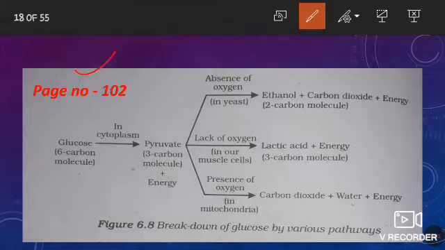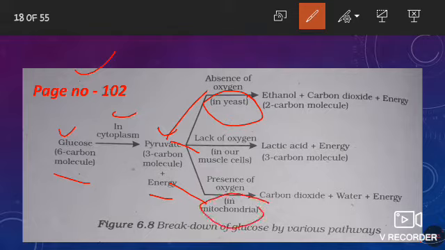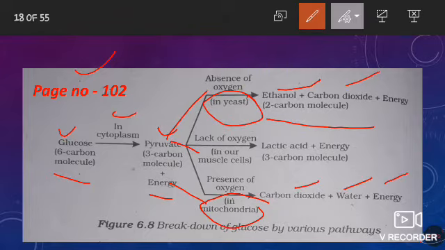As you can see in this flow chart, this is glucose in cytoplasm, which breaks down into pyruvate plus energy in cytoplasm. Then there are three pathways: in yeast, in muscles and in mitochondria. Question number 12 is related to yeast and question number 13 is related to mitochondria. As you can see, in yeast the products are ethanol and CO2, and in mitochondria CO2, water plus energy.